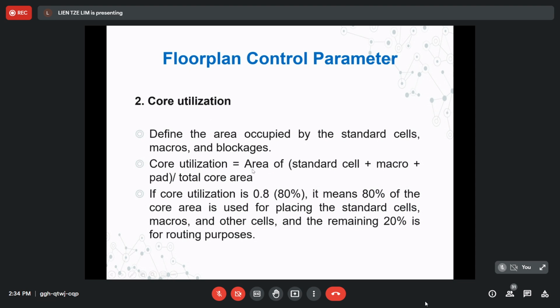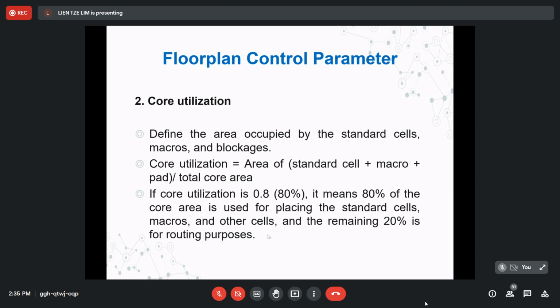If the core utilization is 0.8, or 80%, it means 80% of the core area is used for placing the standard cells, macros, and other cells, and the remaining 20% is for routing purposes. This is the reason why the area needs to be estimated.